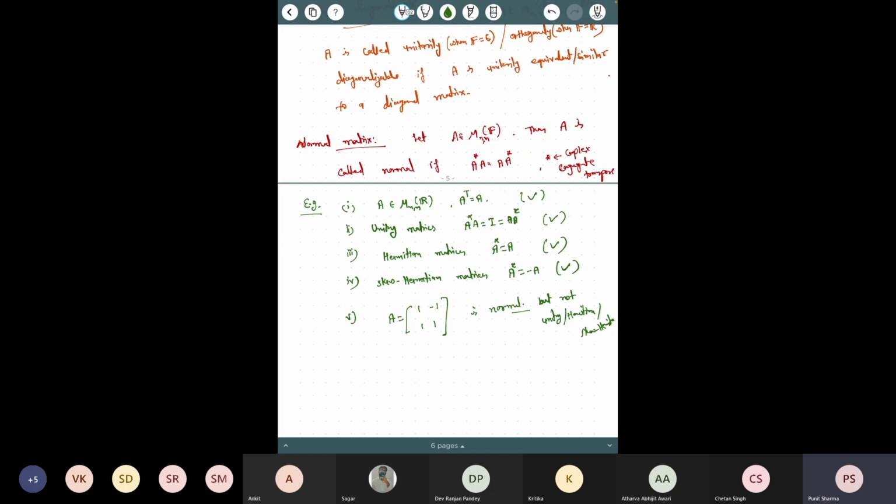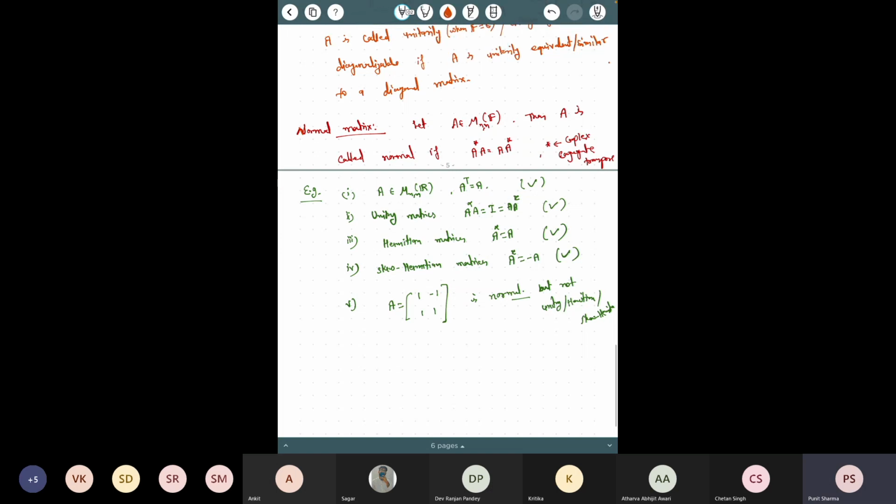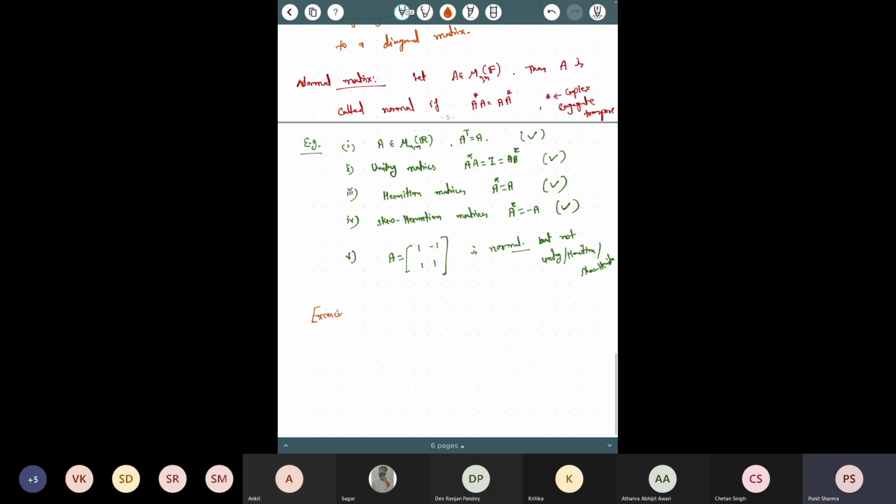In fact, I'll give you one exercise here. You can characterize all 2 cross 2 normal matrices. Let's say you characterize all real normal matrices of size 2 cross 2.